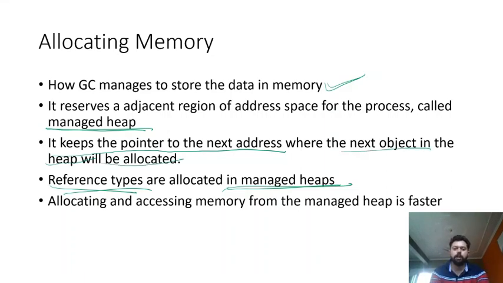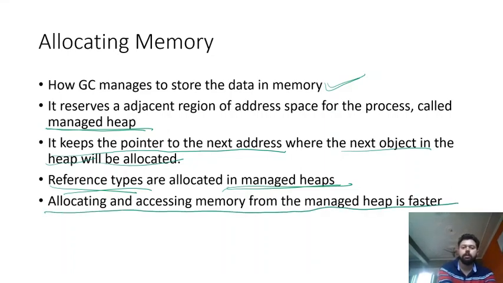So if any new object comes in the heap, it will point to the next address and store in that particular location very fast. So allocating and accessing memory from the managed heap is faster. This is all about allocating memory.